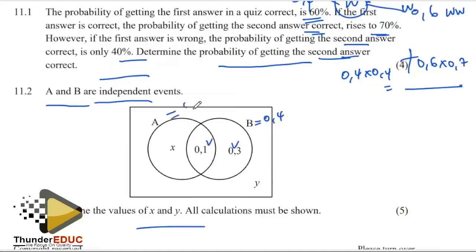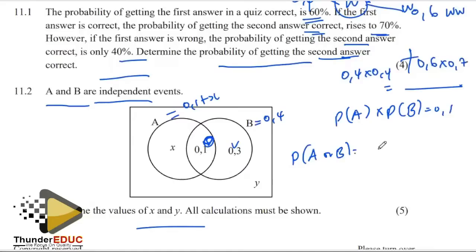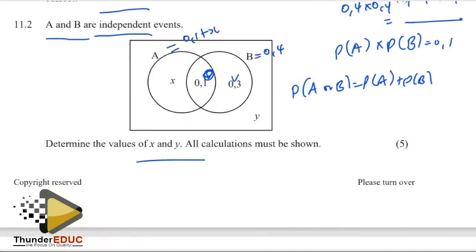A alone is going to be 0.1 plus X. And then this 0.1 is the probability of A times the probability of B. And then apply your addition rule, A or B: probability of A plus probability of B minus the intersection. In that case, you're going to be looking for X. Then for you to get Y, you add up everything here. It must give you 1 since we're dealing with decimals. Maximum probability would be 1.